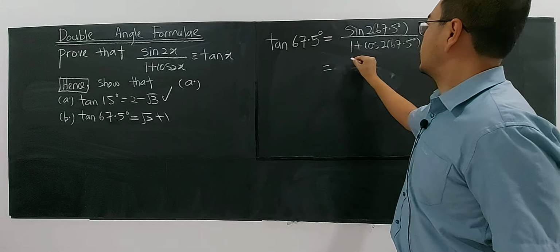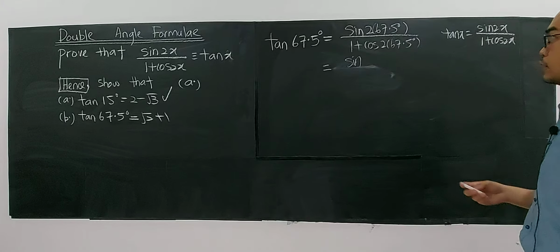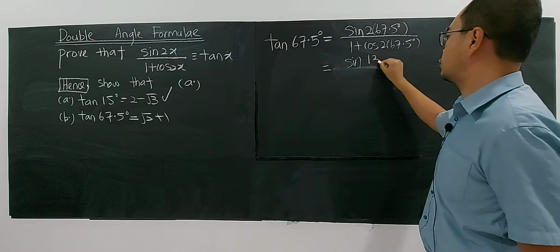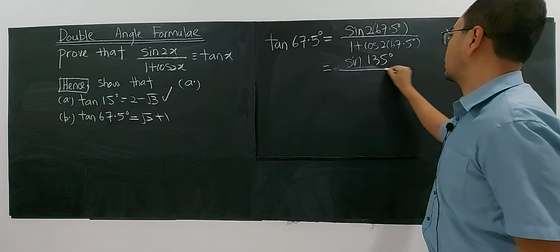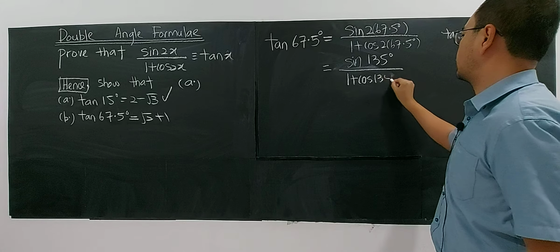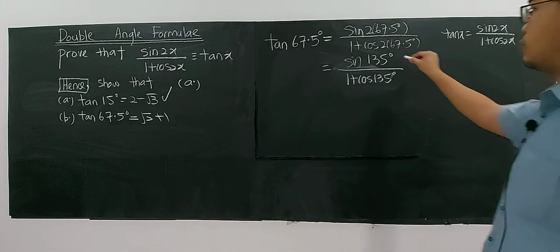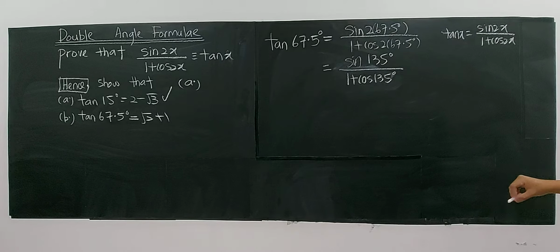And you are getting sine 135 degrees, right? Or 1 plus cos 135 degrees, right? So you have to know how to evaluate sine 135.